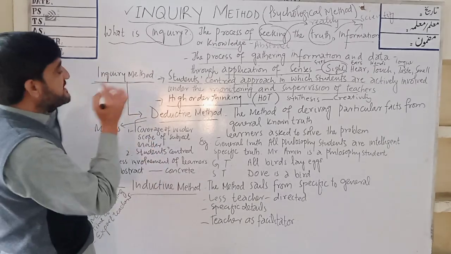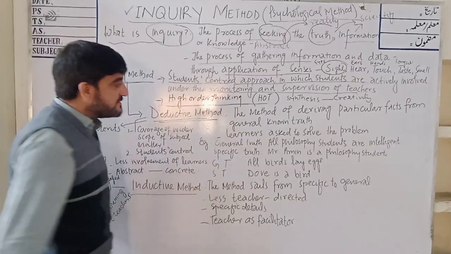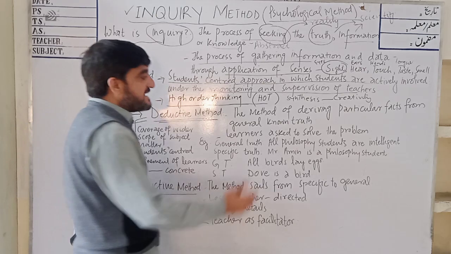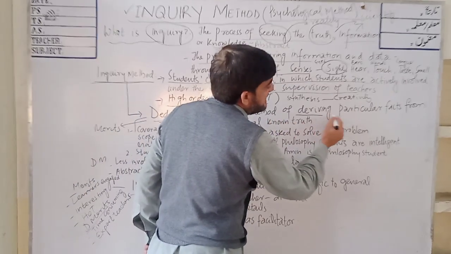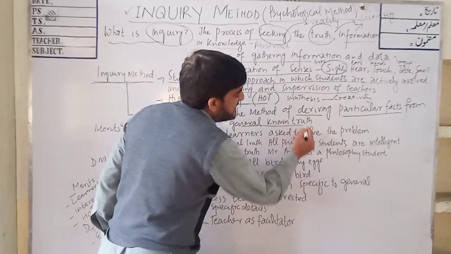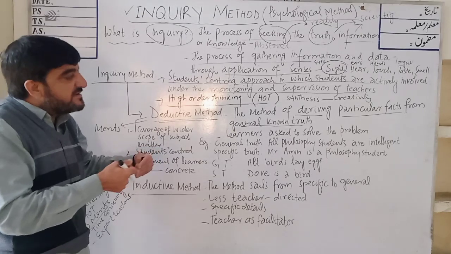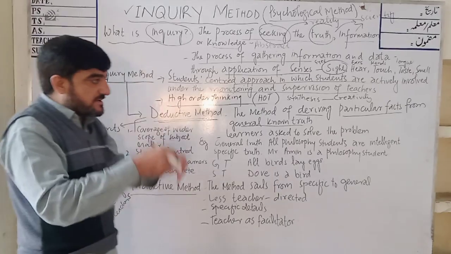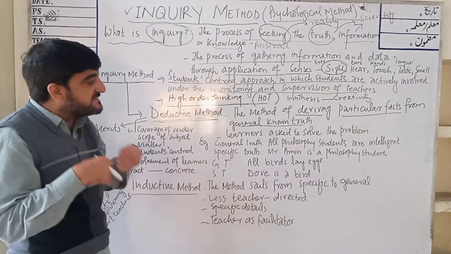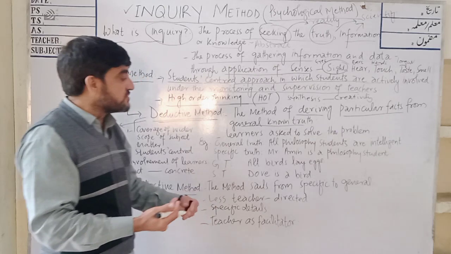Inquiry method is further divided into two major categories. The one is known as deductive method. Deductive method is the method of deriving particular facts or information from a general known truth. It is the method in which the particular information, data or knowledge is obtained through the study of general truth.